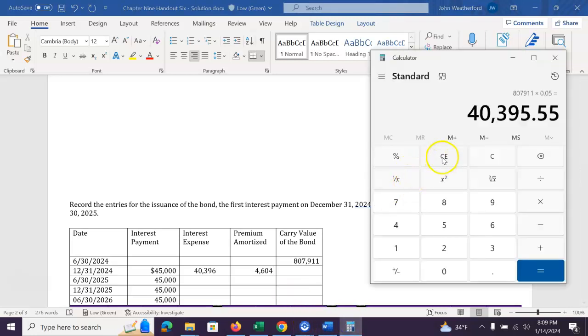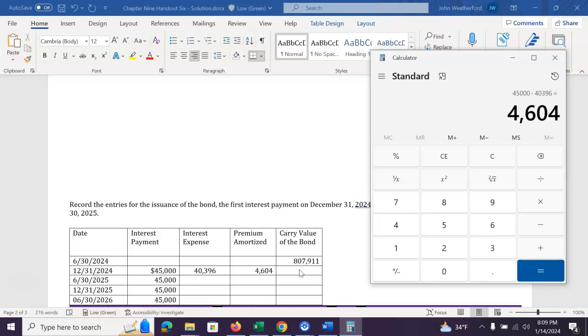Let's check that just to make sure. 45,000 minus 40,396. Yes, 4,604 will be the amount of premium amortized. Now, when we amortize the discount, you guys, it was added back to the carrying value. Here, it'll be subtracted from the carrying value when we amortize a premium.